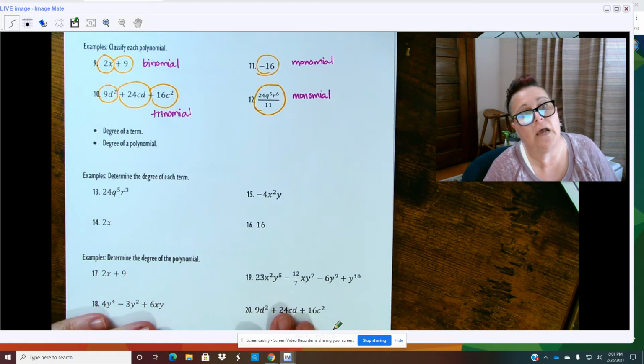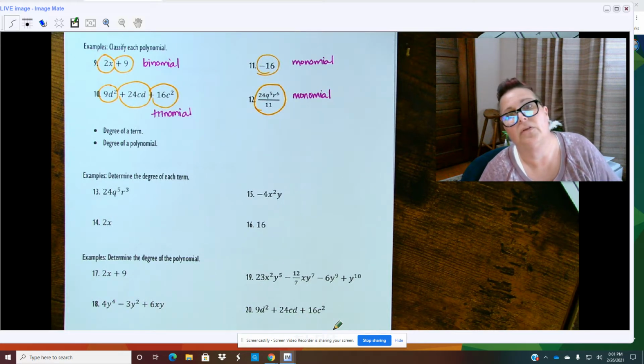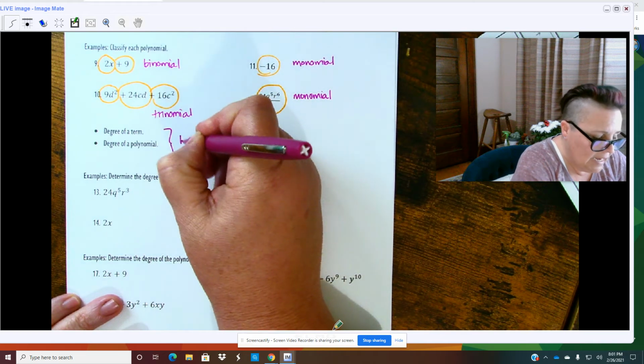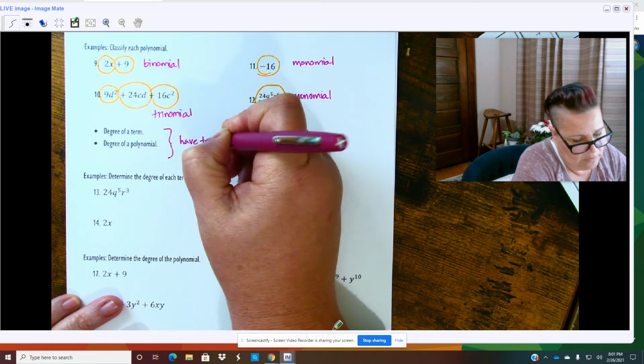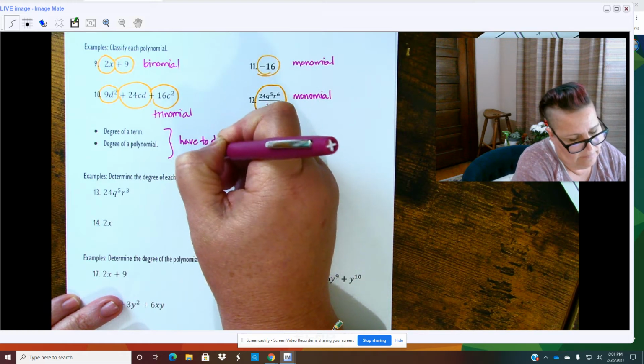All right. So, third thing to talk about is the degree of a term and the degree of the polynomial. These have to do with the exponents.